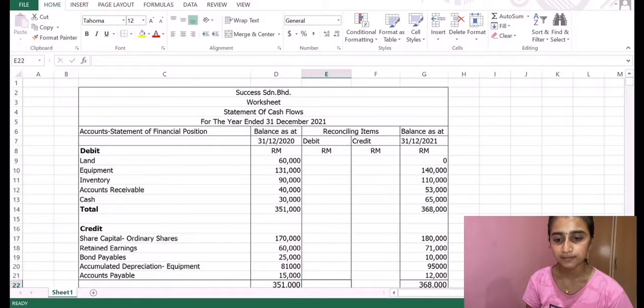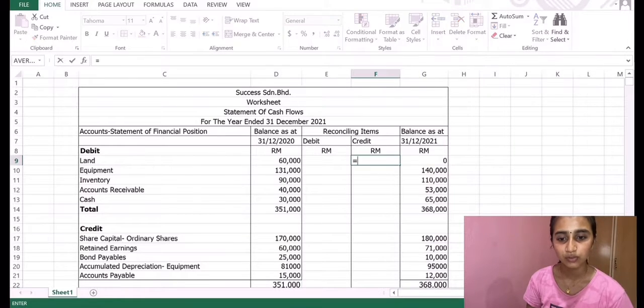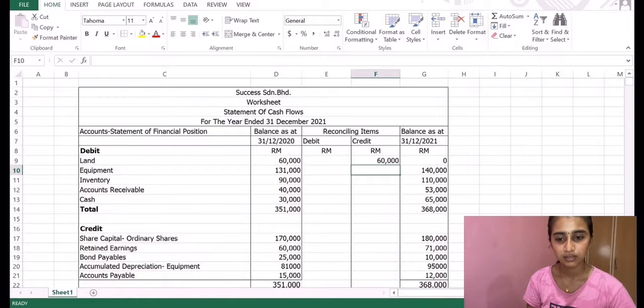First, land increased on the debit side, but as we see in 2021, they sold it, so the balance is 0, so we have to record it on the credit side. Then for equipment, increase on the debit side.